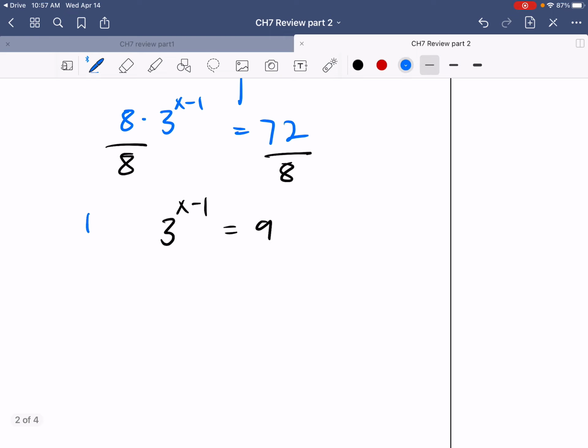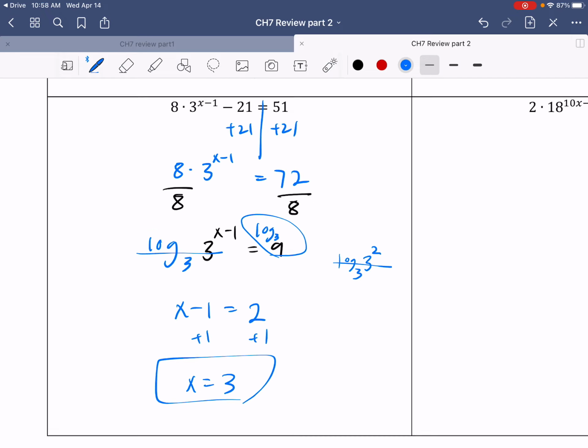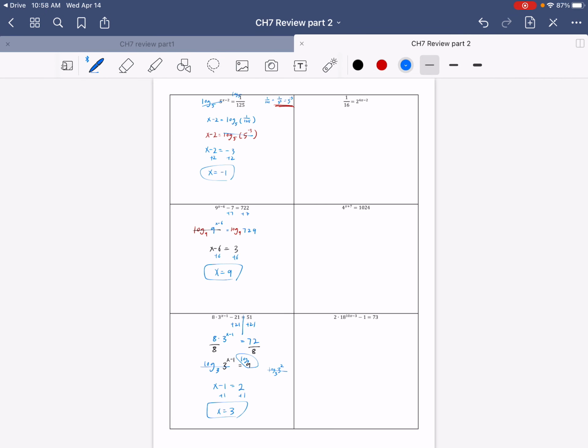If you do log base 3 both sides, x minus 1, you know, if you put this one into calculator, you'll get 2, right? Because 9 is 3 squared. So log base 3 of 9, the log and base cancel out, you'll get 2. And that's what you're gonna get. Very simple. So that's it for this page.